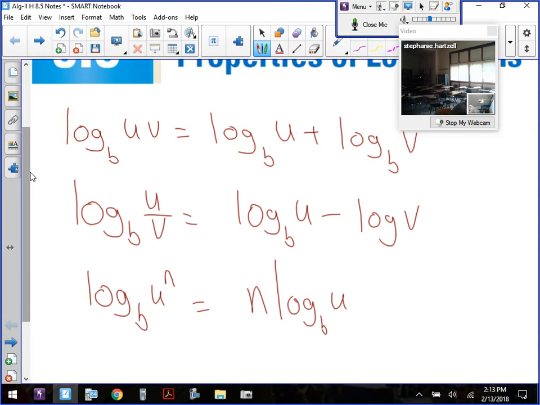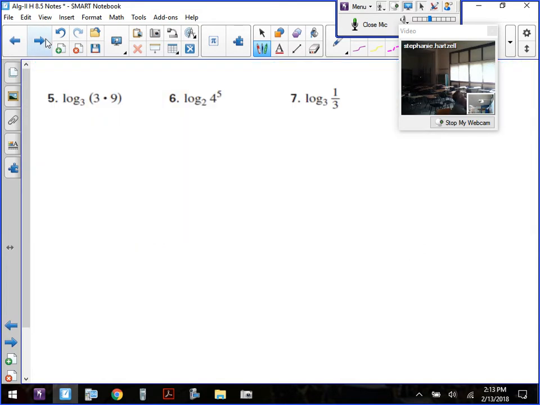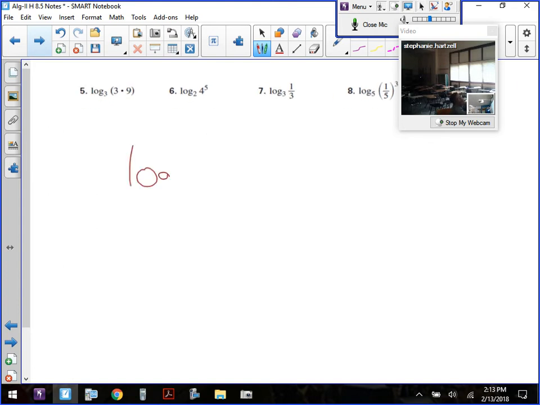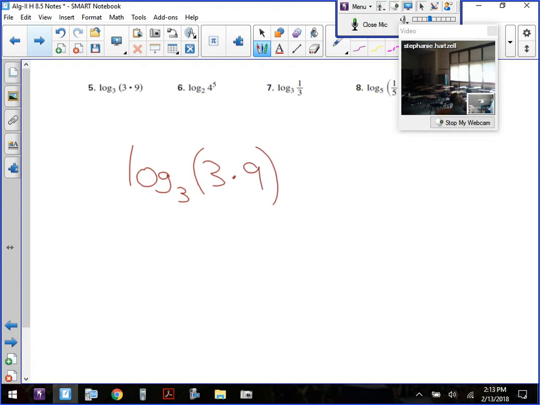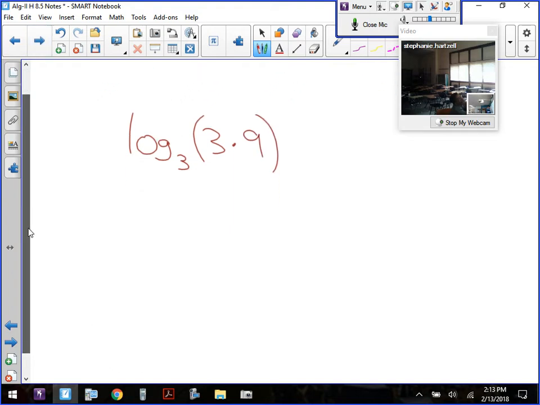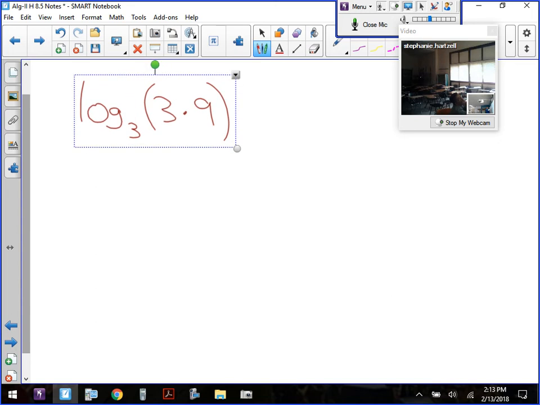For example, let's do these one at a time. If I do a numerical one first, I'll show you a couple of ways we can go about this.